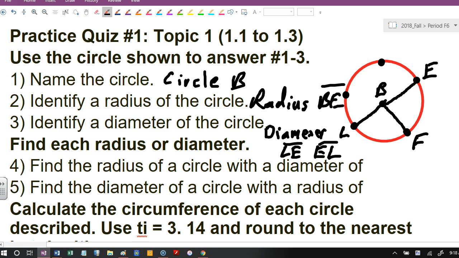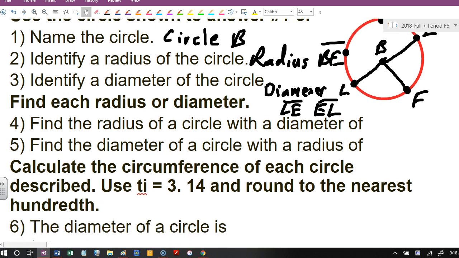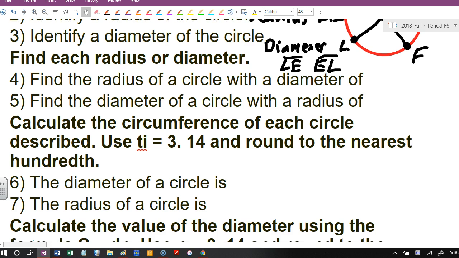Now this one, you're going to have numbers in here. Find the radius if they give you the diameter.